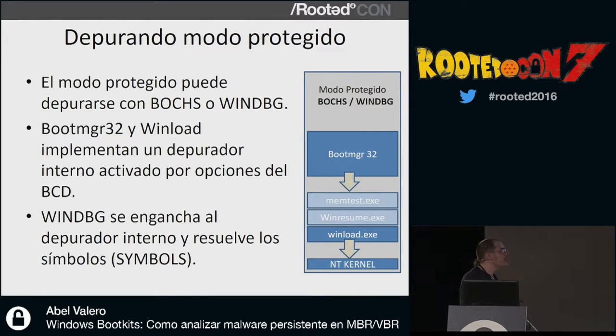So it's boot manager coming in, boot manager 32. It's got an internal debugger. When the system starts, you need a debugger in the system so you can trace startup.